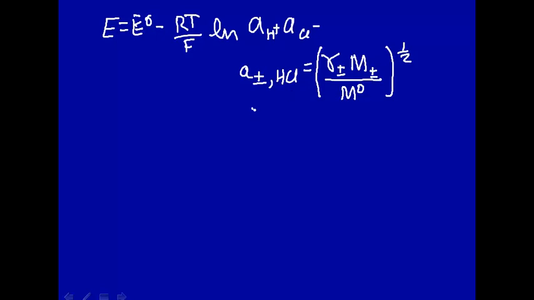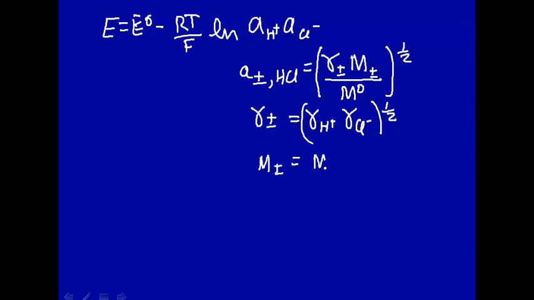And similarly, we have the mean activity coefficient gamma plus minus. That's equal to the activity of H plus times the activity of Cl minus to the 1/2. That's the geometric mean. And similarly, M plus minus, what does that mean?